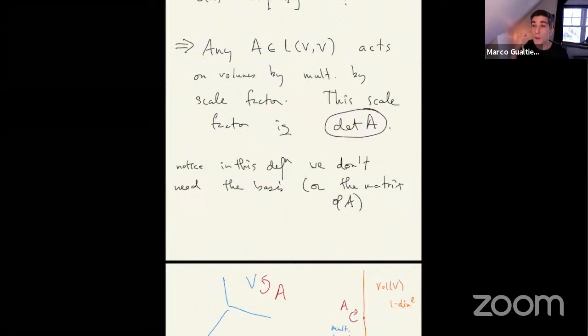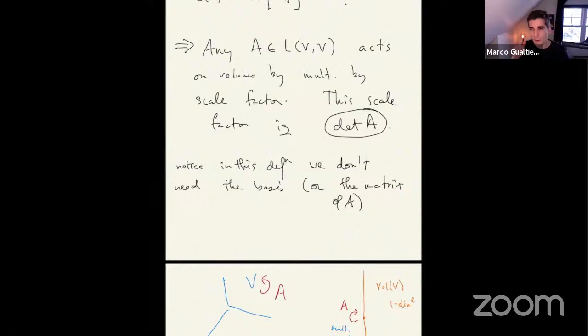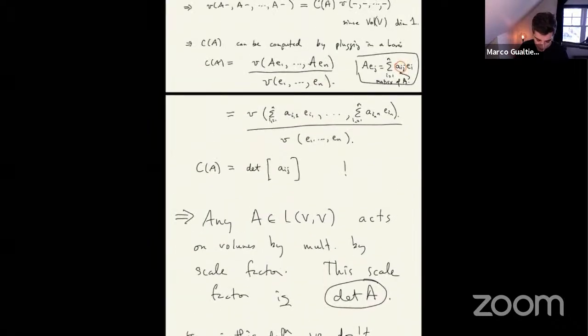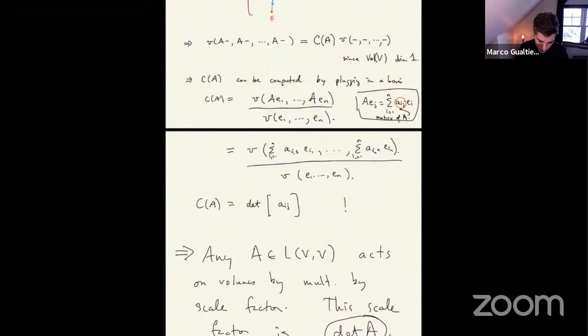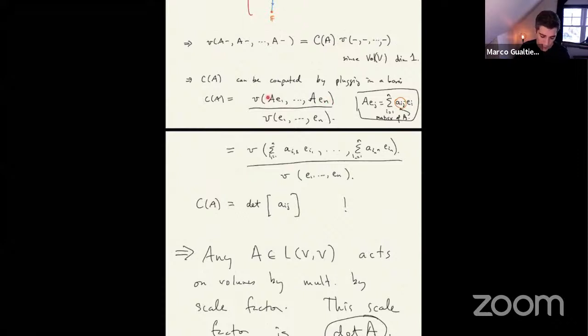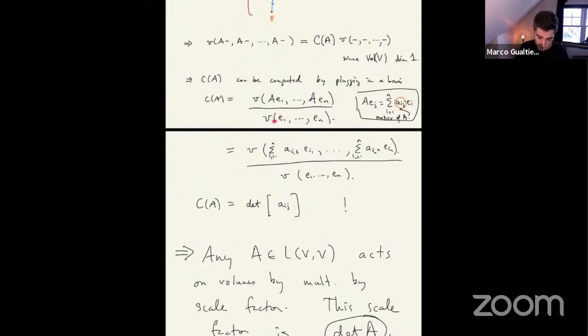And if you wanted to compute this scale factor, that's where the basis is important. To compute it, we want to plug in a basis, take a basis, apply A to it. When you do that, you're going to get the matrix of A. And then you divide by this kind of unit volume, standardized volume.